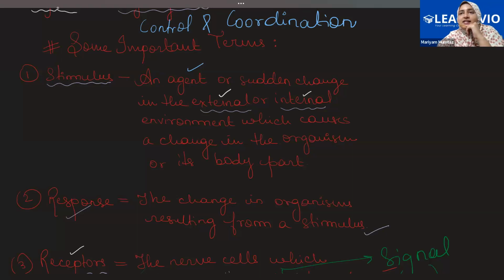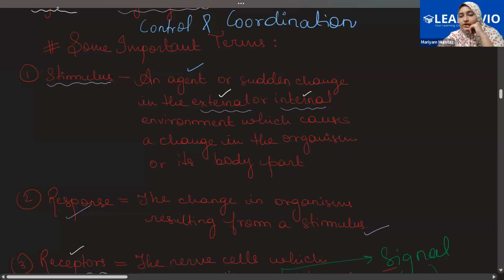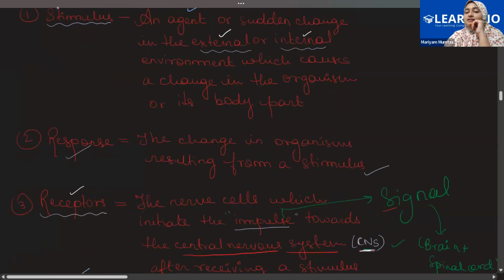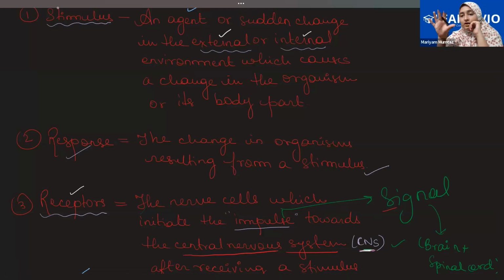Now, when someone pats at your back, the initial response that you come across, if you know that person, you turn towards that person, isn't it? If someone is patting your back, basically that person is calling you out. So you turn. So that is the response that you are providing. The second term associated with control and coordination is response.